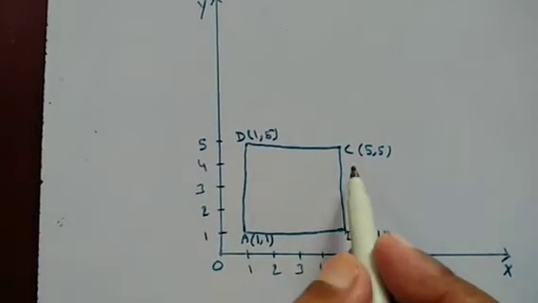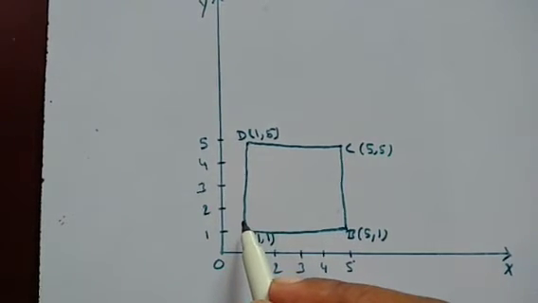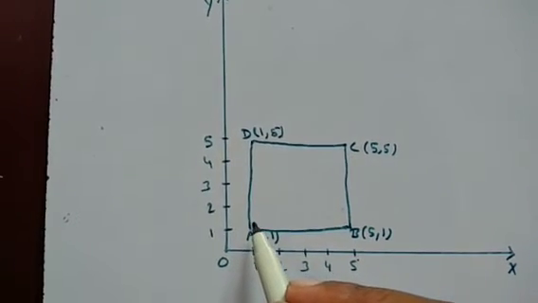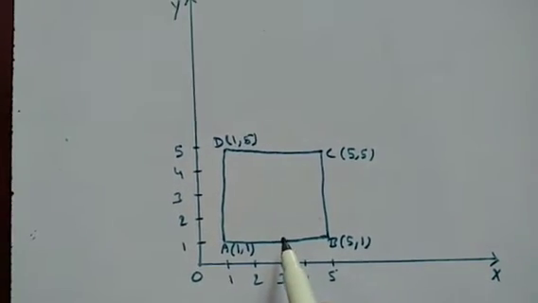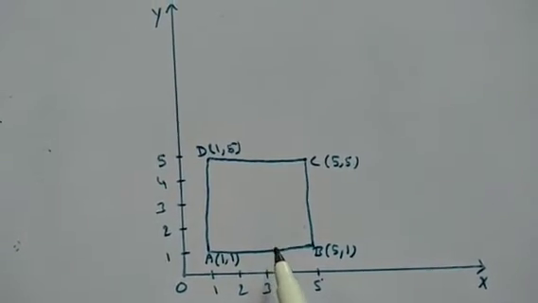So AB equals BC equals CD equals DA. All sides are equal to 4 units. So this is a square.